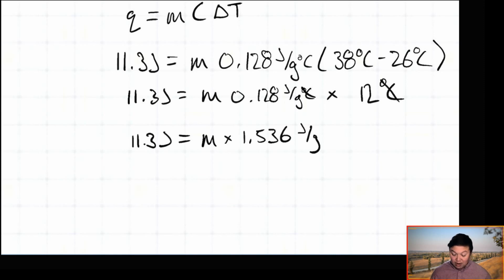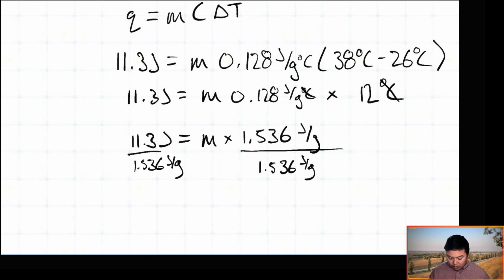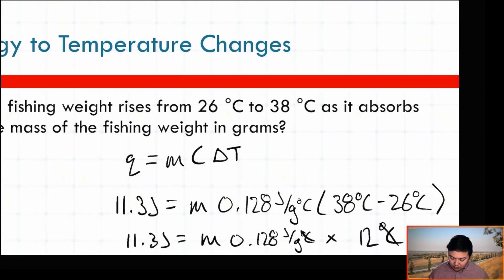And then when we divide both sides, we're going to divide them both by 1.536 joules per gram. These units are going to flip because, again, algebra thing.